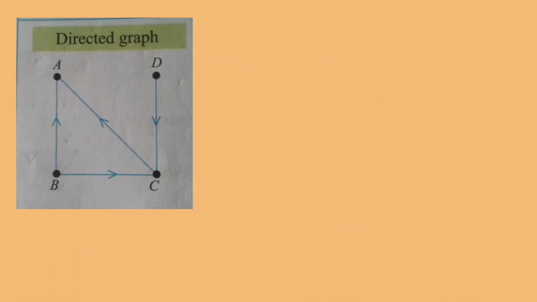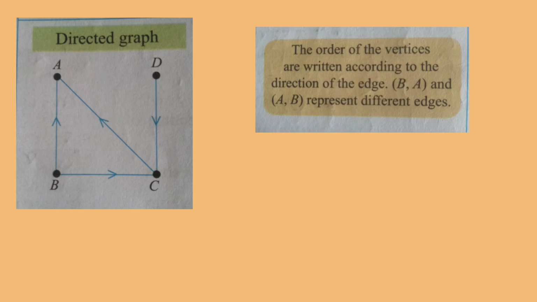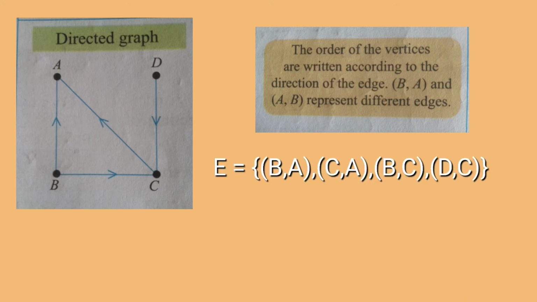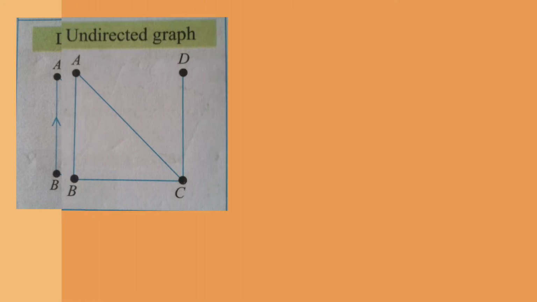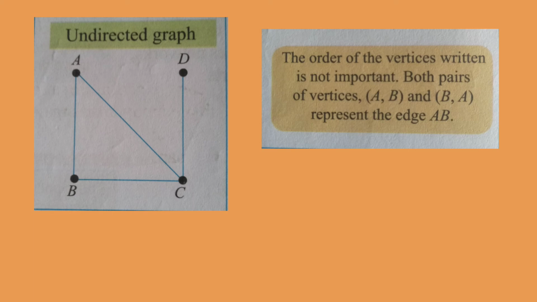How we denoted directed graph? The order of the vertices are written according to the direction of the edge. Look carefully how I denoted edges of directed graph. It should be B to A, C to A, B to C, D to C. To be more clear, the order of the vertices written is not important when it's come to undirected graph.